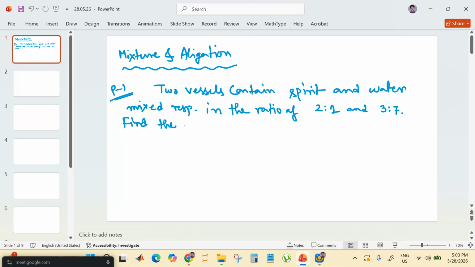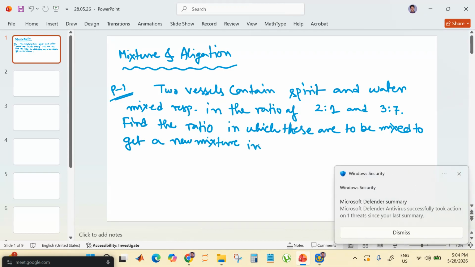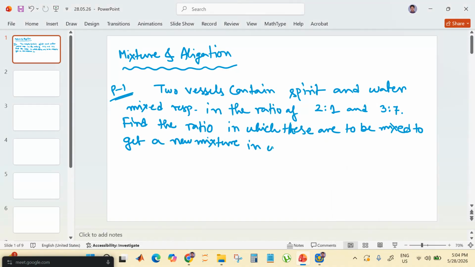Find the ratio in which these are to be mixed to get a new mixture in which spirit is to water equals 7:9.